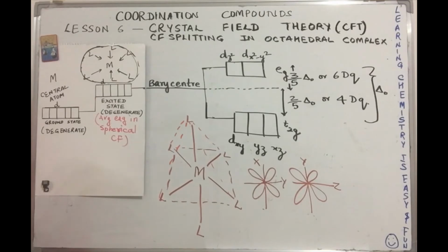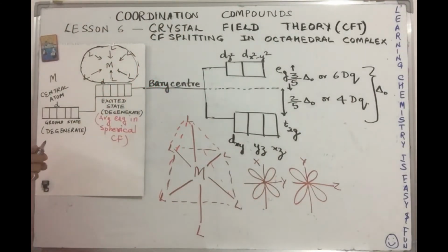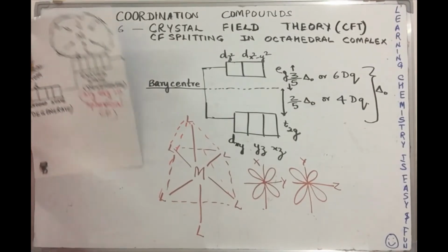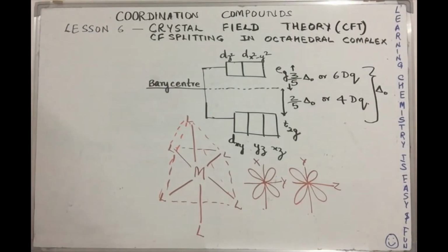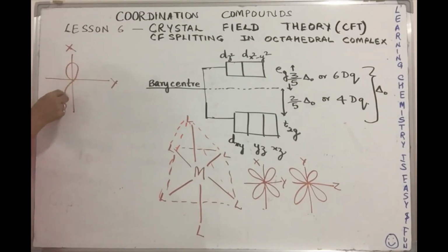Come to dx2-y2. How is it going to be oriented? Your dx2-y2 and dz2, let us see that one. This is my x-axis, y-axis. The dx2-y2 lobes are oriented along the x and y axes.